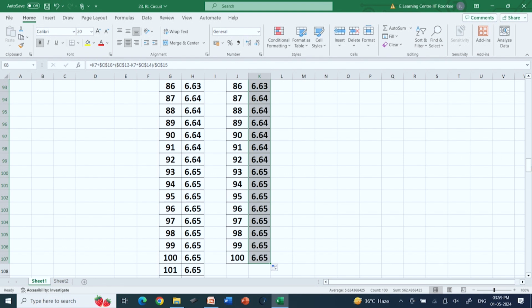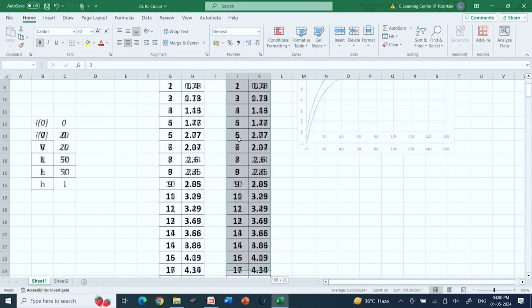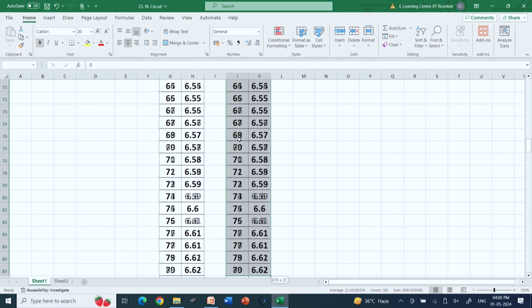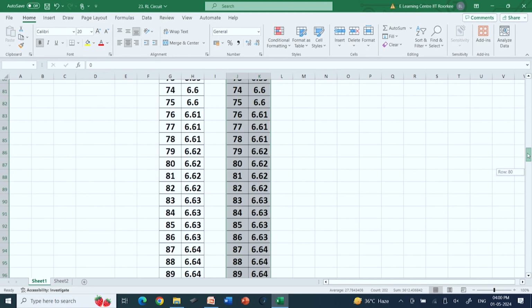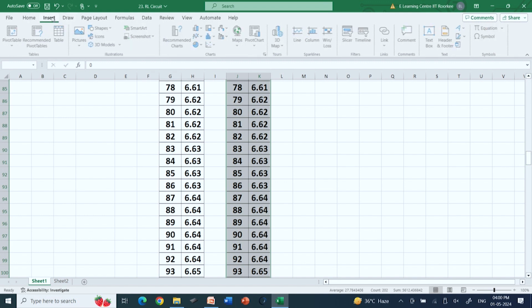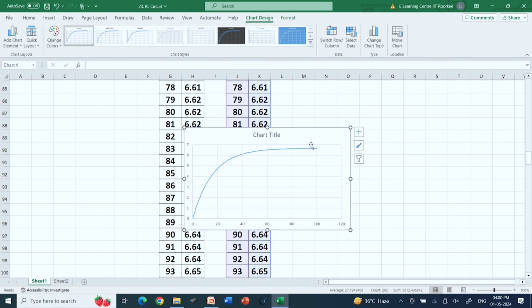And you get some values. Now you have to plot it. You highlight all the calculated values, go to Insert, go to the chart section, find the scatter diagram and choose this.